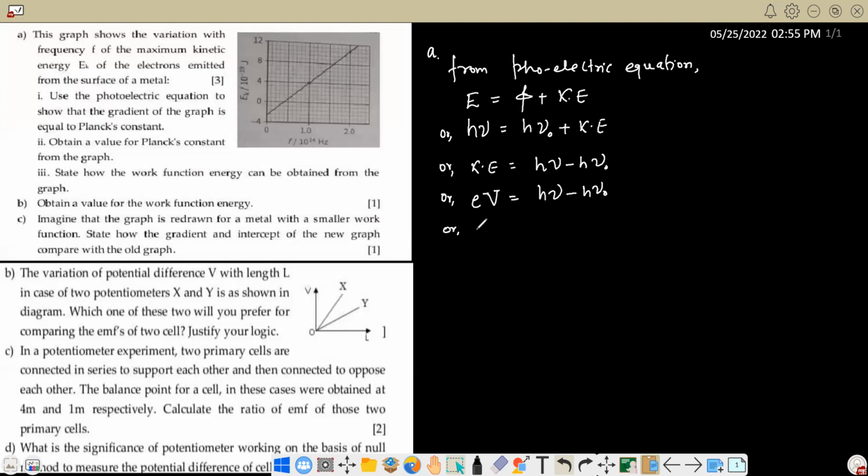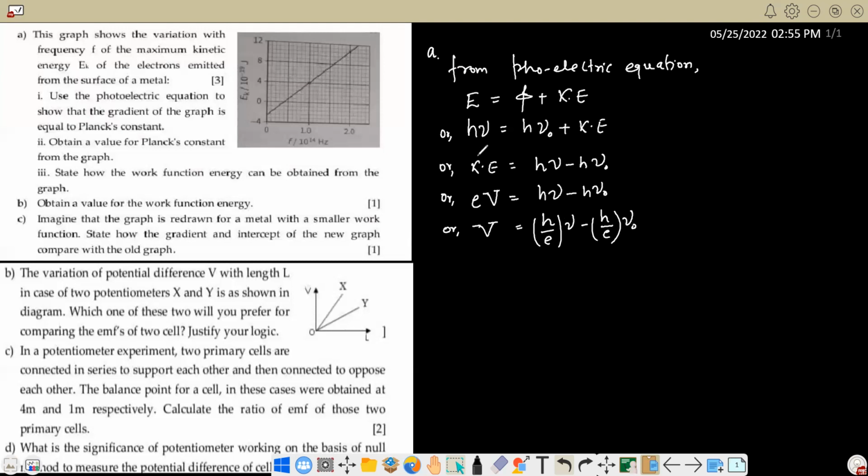If you want to get this V only, the stopping potential only, then this is going to be h by e times nu minus h by e times nu naught. This is in the form of y equals mx plus c.